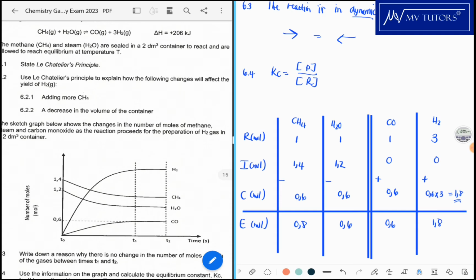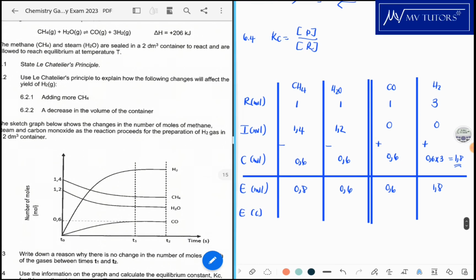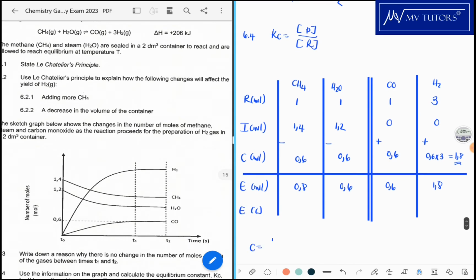Now for us to get the concentration at equilibrium, so equilibrium again, but this time we want the concentration. Remember that concentration is equal to number of moles divided by volume. And we know that the volume here is 2 cubic decimeters.